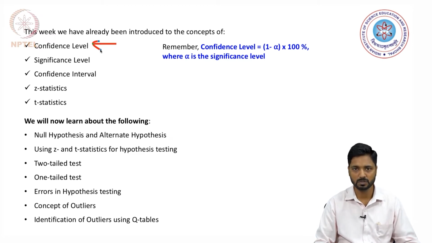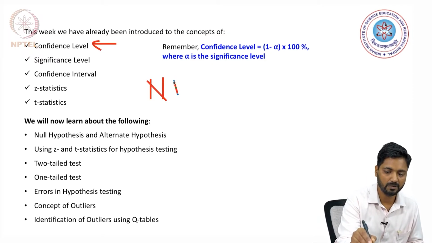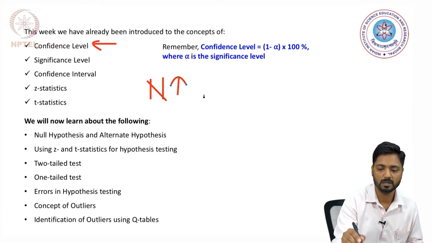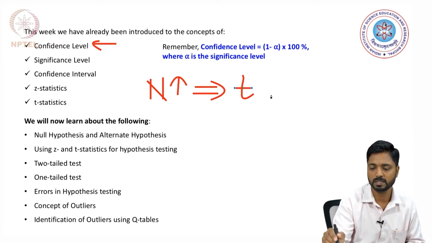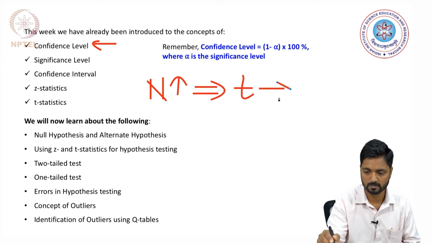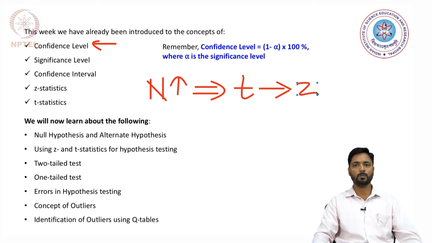And we also understood that when our number of readings for a sample is large, then the T statistics tends to the Z statistics. In other words, when n value increases, the T statistics tends to the Z statistics.